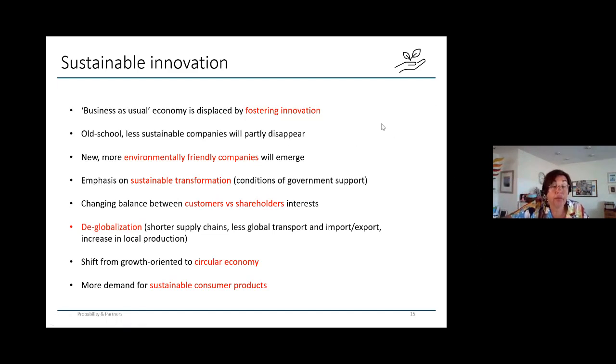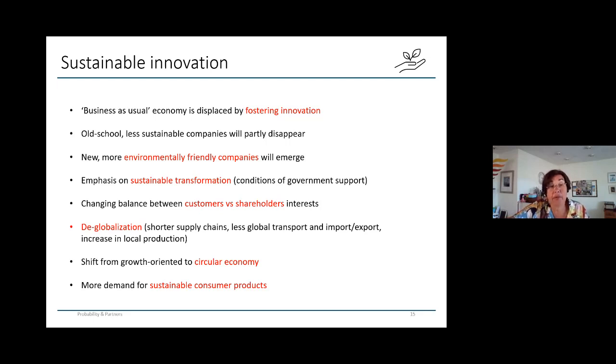So what we also see from these alternative data sources is that fostering innovation will lead to old school, less sustainable companies partially disappearing, and new, more environmentally friendly companies emerging in their place, especially because the emphasis at the moment is on sustainable transformation, which is the hard condition of government support packages for businesses.